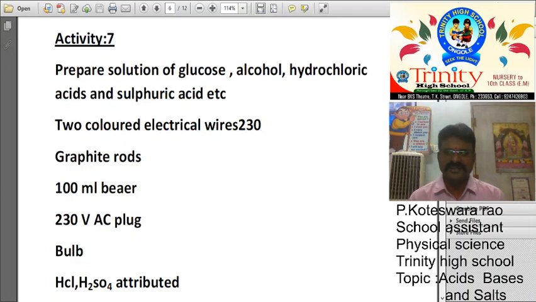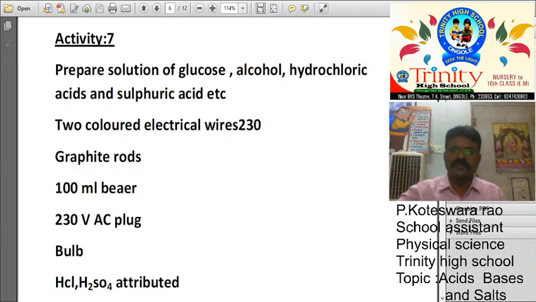All these contain alcohol percentages. Hydrochloric acid, HCl, and sulfuric acid, H2SO4. First we prepare these solutions. Next we require two colored electrical wires, two graphite rods, a 100 ml beaker, and a 230 volts AC plug bulb. These are the apparatus we require.